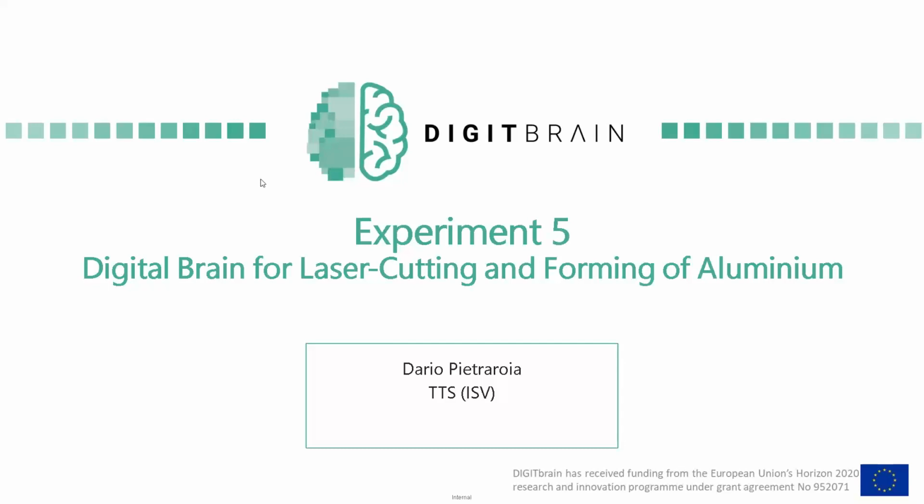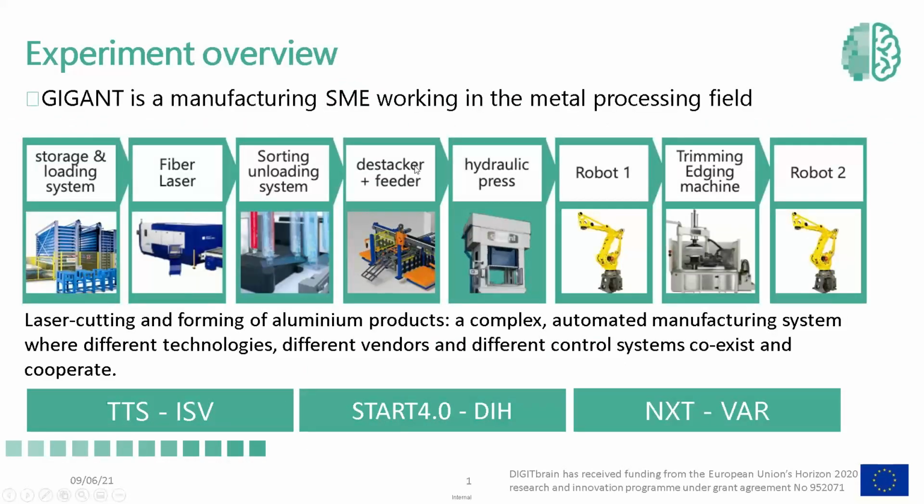And in our case, the experiment overview is about the end user that is producing equipment, especially presses and laser cutting machines, but also supplying complete production lines for the forming and cutting of aluminum and other metal sheets. So they provide equipment for a variety of operations. We are the independent software vendor, so we're providing our software solution and development.